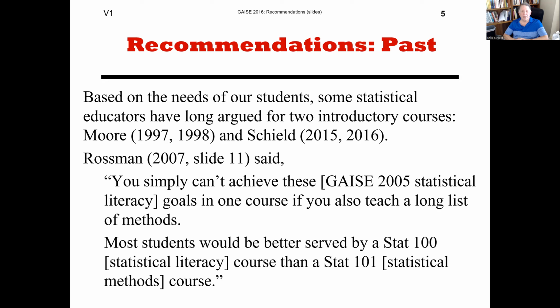Continuing, most students would be better served by a Stat 100 statistical literacy course than a Stat 101 statistical methods course. Now, these are what? 5, 10, 20 years ago. These recommendations have been out there, but the guidelines haven't adopted it yet.